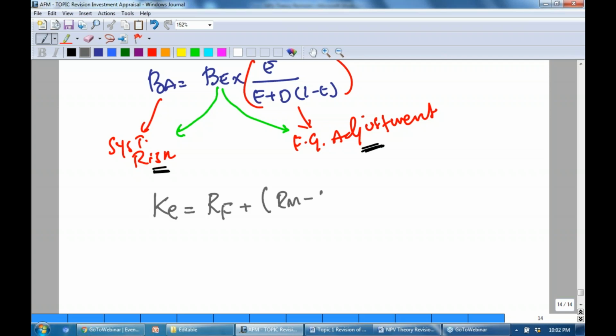But how much more? I, Toyota, am a part of the market, so my risk, that is beta equity, may be equal to the market, greater than the market, or less than the market.